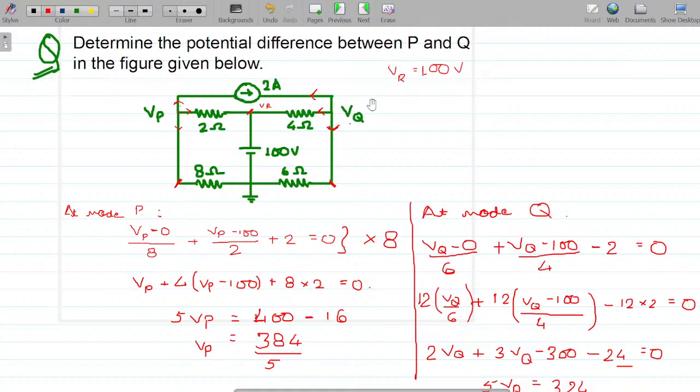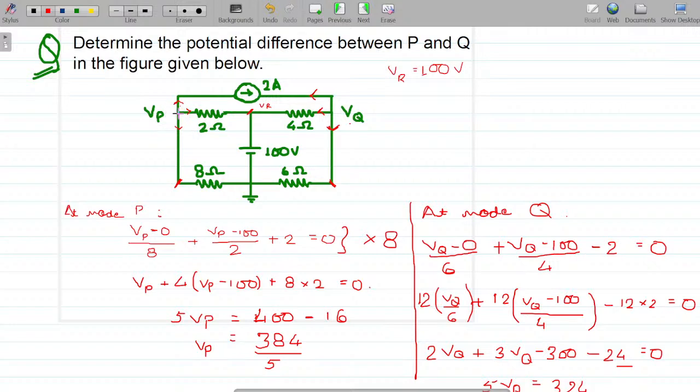Now mark every potential that is given in the question. So we cannot determine what is Vp, we cannot determine what is Vq, but we can still determine what is Vr, right? So mark every potential that is given. Now beginning with any node, we usually choose the principal node, because from there on we'll get a lot of equations.